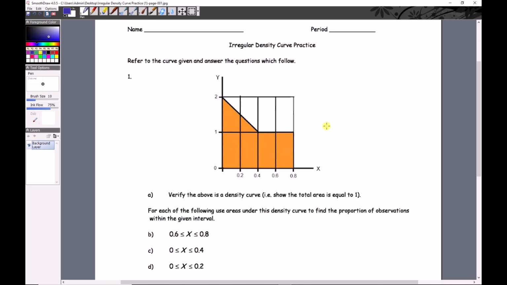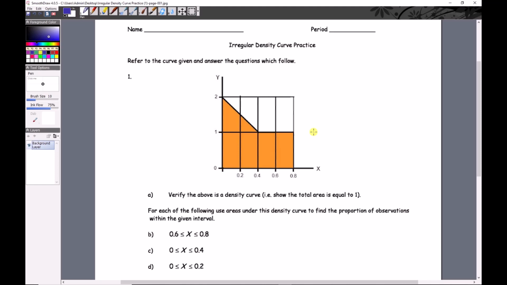All right, so if this is a density curve, that means it's scaled to where the area is 1 in every case. So if they say it's a density curve, take it to the bank that the area under it equals 1. We're going to verify it here because we're not told necessarily that this is a density curve. It may just be a generic curve.